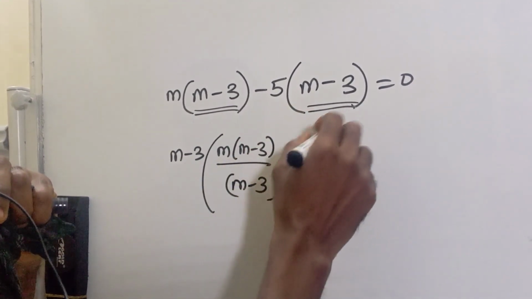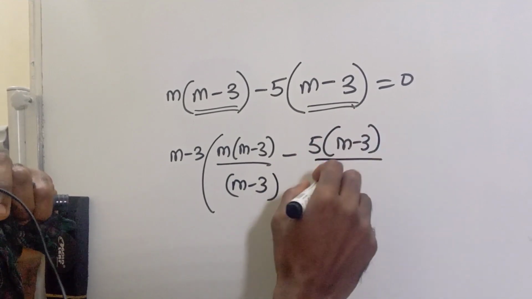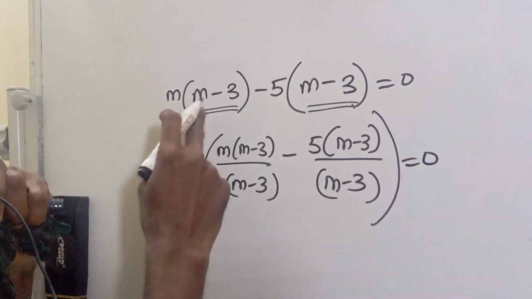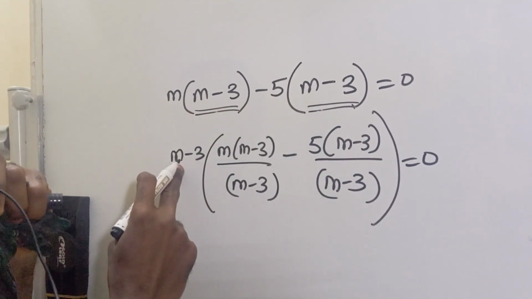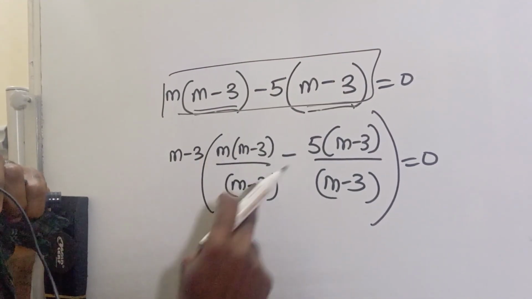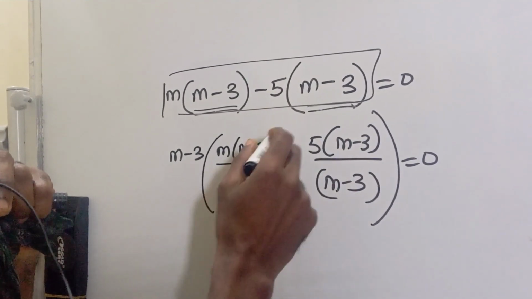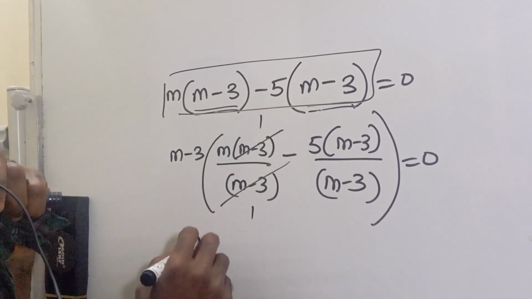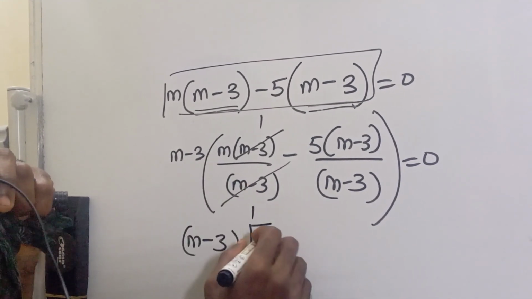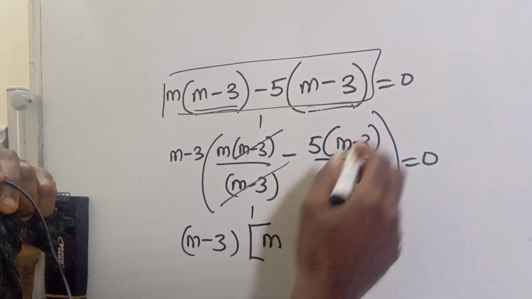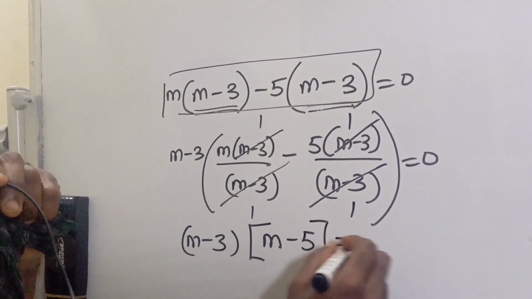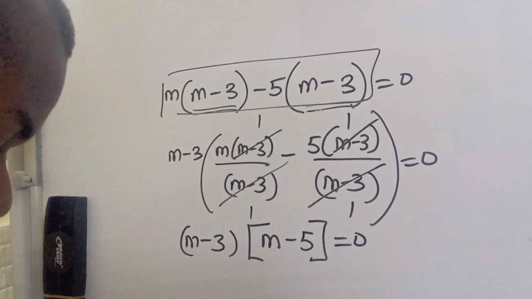I'll also do the same thing here. So this will cancel out, this is 1, 1. So I have m minus 3 out here, and we are left with m here. This will cancel, this is 1, 1, so we are left with minus 5 equals to 0. So at this point, what do we apply?